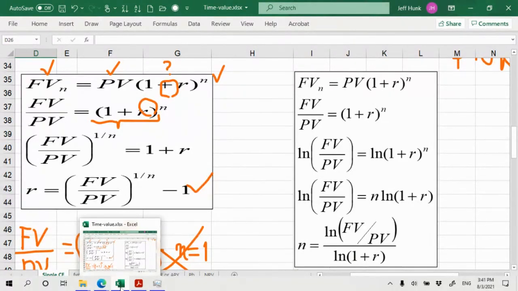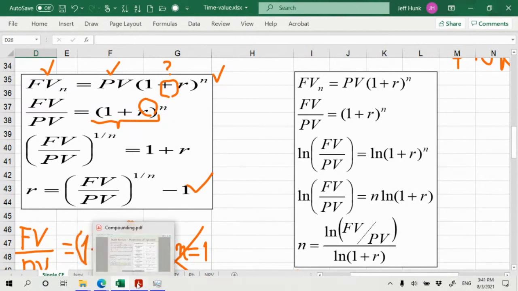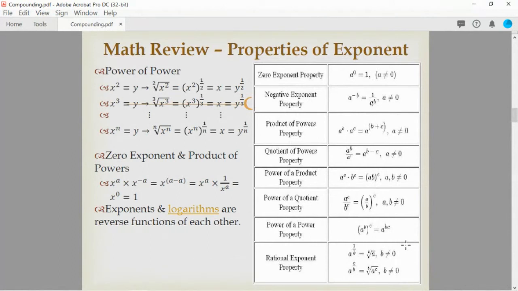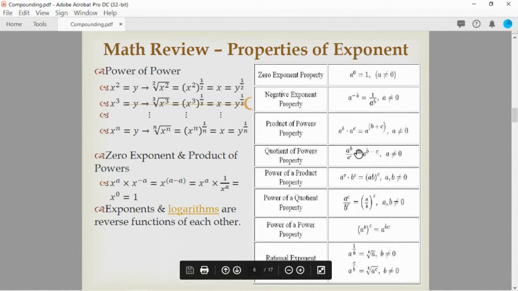It's been 40 minutes already since we started this class. So, without further ado, let's go back to the properties of exponents again.